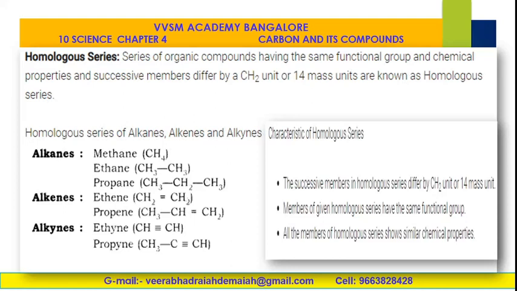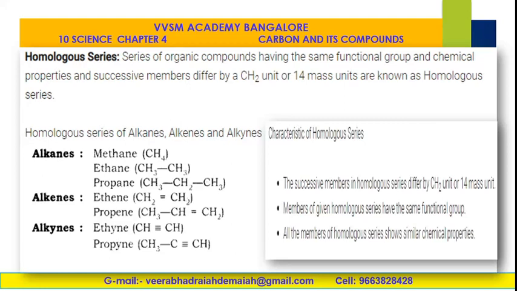Alkanes have a general formula. Methane is the first member of the alkane series, CH4, and then ethane, propane, butane, pentane, etc. Now coming to the alkenes, which are double bonded compounds: ethene, propene, butene, pentene, etc., ending with the letters ENE. Alkynes are triple bonded compounds. Alkanes are saturated hydrocarbons, while alkenes and alkynes are unsaturated, as I told you.